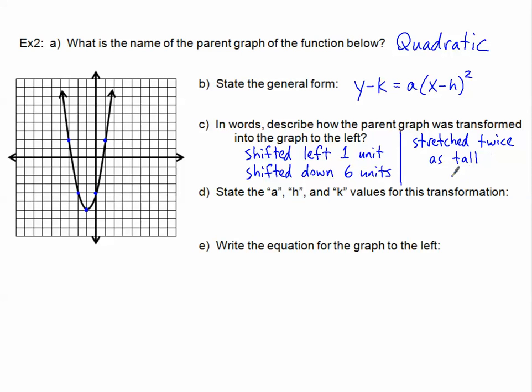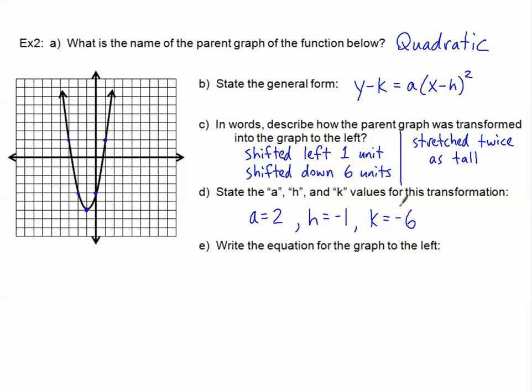That must mean that the value of a is not 1, but 2. We know that the value of h, because we shifted to the left 1, is -1. And we know that the value of k, because we shifted down 6, is -6. But finding the value of a is important by finding all the other outputs, and they were all twice as tall as normal. So let's write the equation.